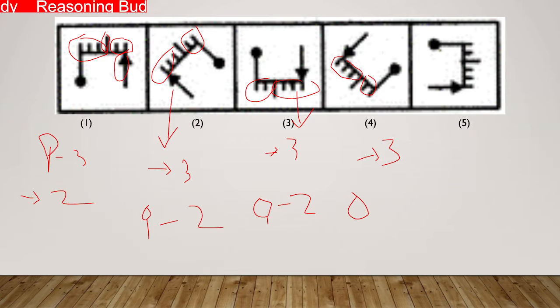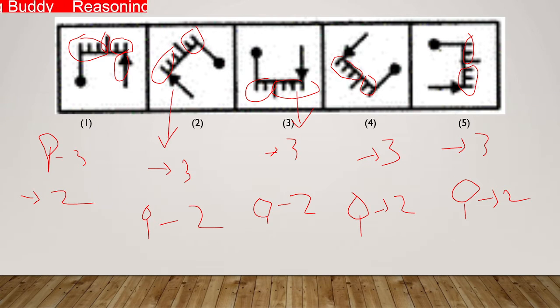And in figure 5, again the arrow has 3, the lollipop has 2. I think you can understand what the odd man out is. On the basis of these line segments, we can get the answer. That is, option 1 is the odd man out.